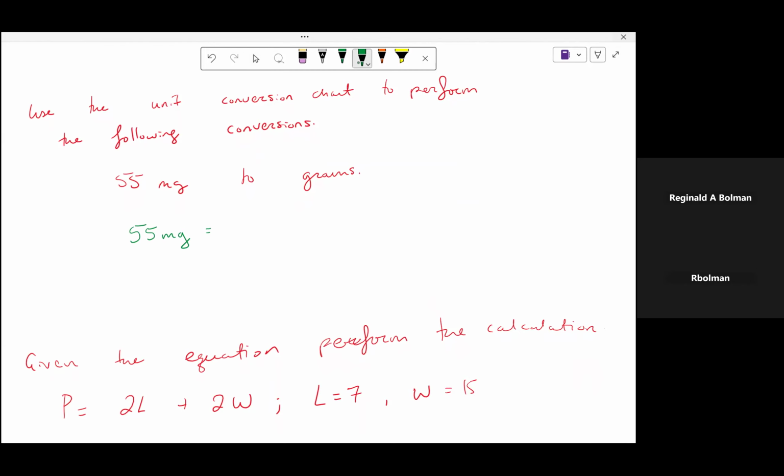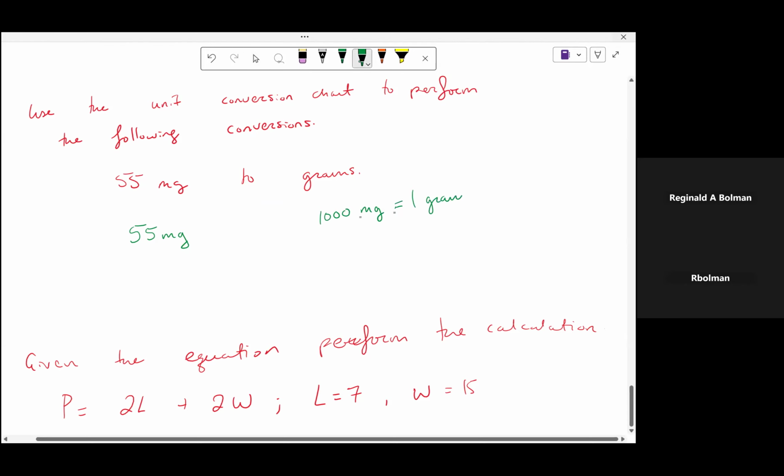All right, so suppose you've got 55 milligrams to grams. Well, 55 milligrams and I'm trying to convert it to grams. We need to bust out our unit conversion chart, and figure out how many milligrams is in 1 gram. Well, it turns out that 1,000 milligrams is equal to 1 gram.